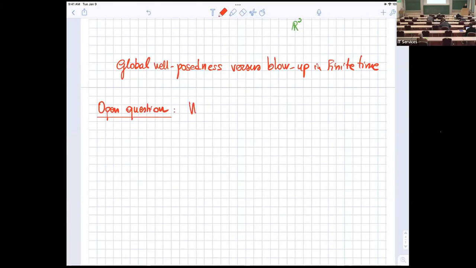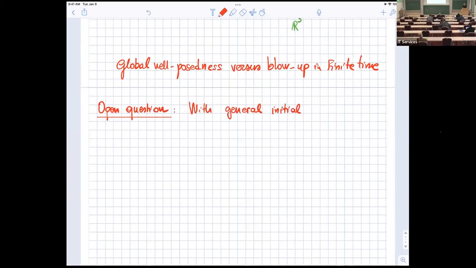With general initial data, this is very important. I will not touch upon situations in which initial data are close to equilibrium or are small in some norms. Those are somehow different questions.